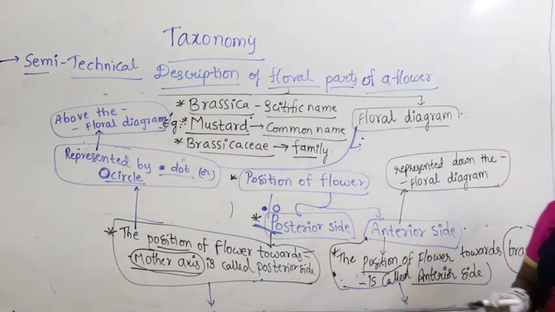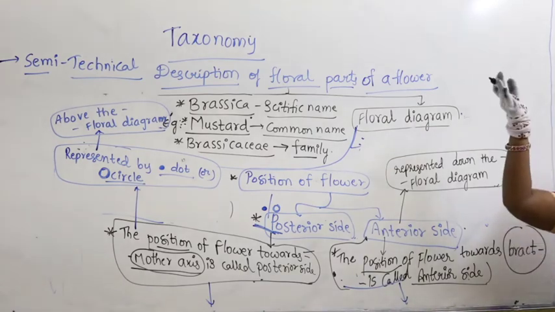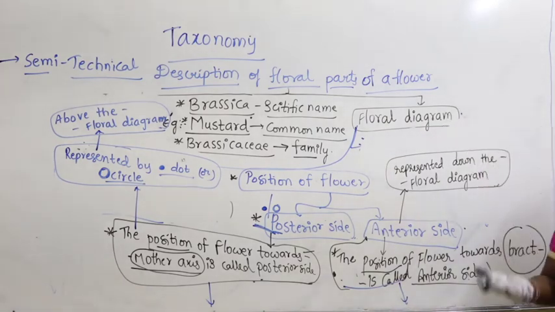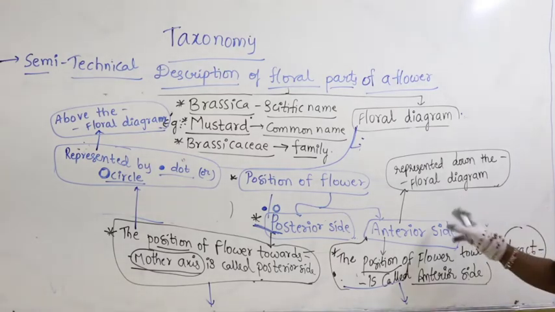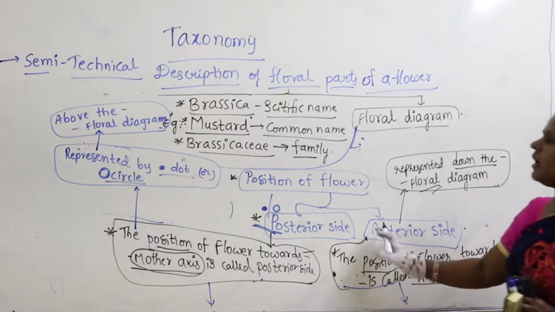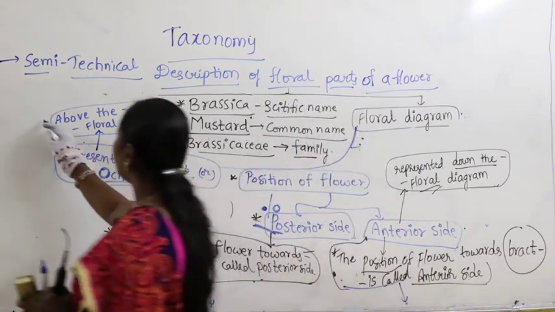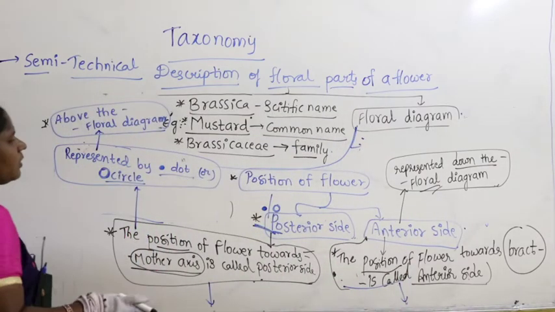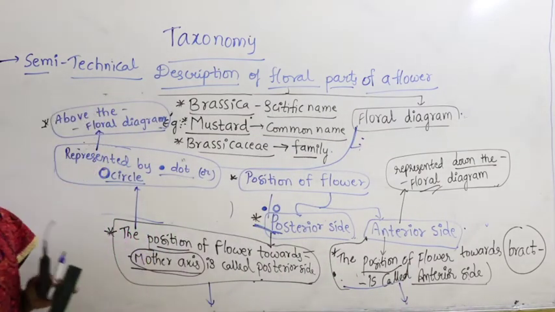Above is the posterior side; down the floral diagram, you have to understand that is the anterior side. Try to remember that down the floral diagram is called anterior side, and above the floral diagram is nothing but what we call posterior side.